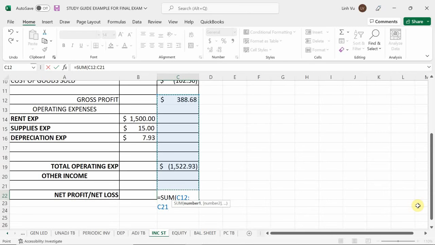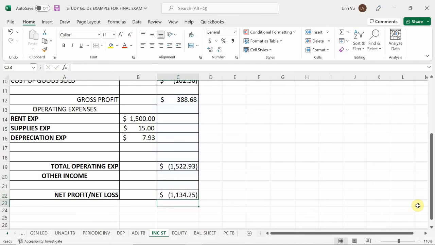Because that's the money I spent. What is my total amount that I have here? So you're going to be in the red $1,134.25. I incurred a net loss.